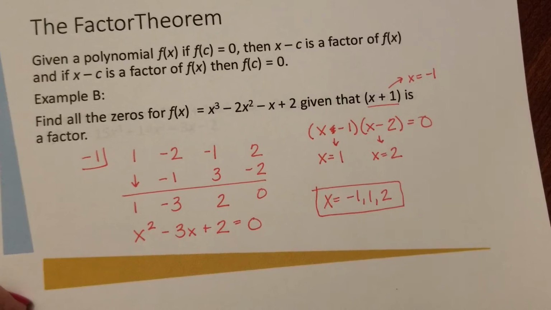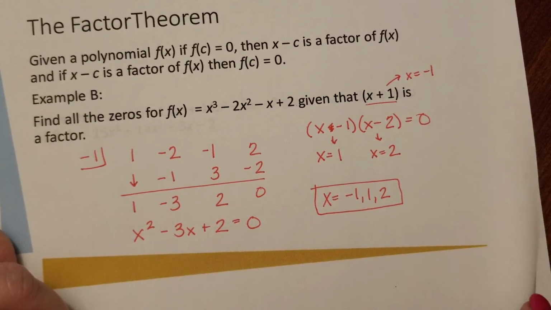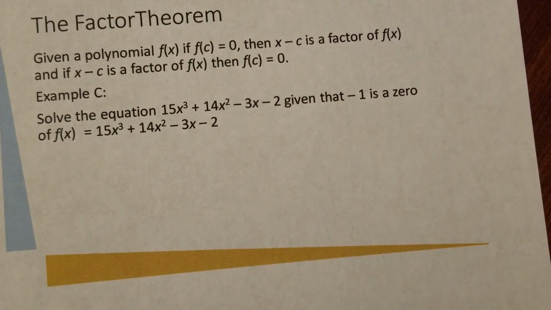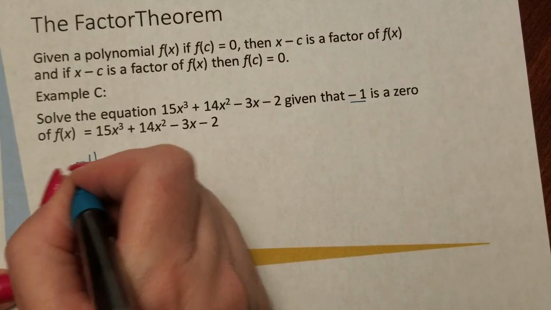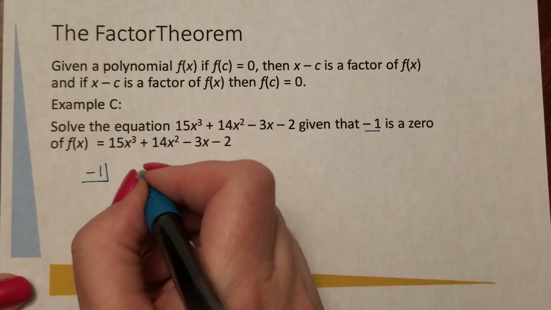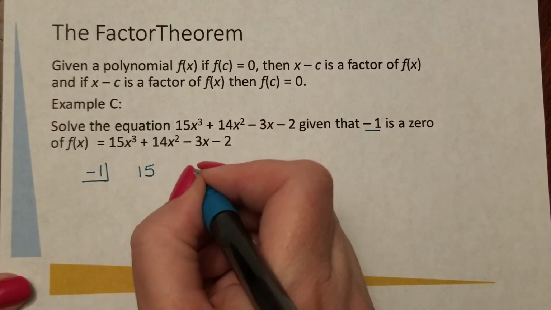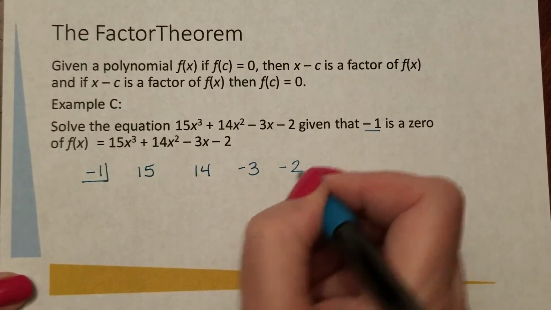Let's do one more example. This time it tells me that negative 1 is a zero. And let's write down those coefficients. We've got 15 and 14 and negative 3 and negative 2.